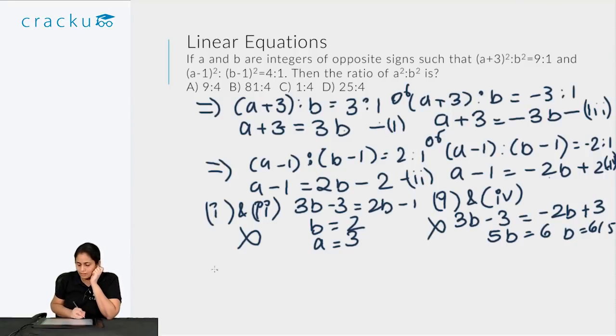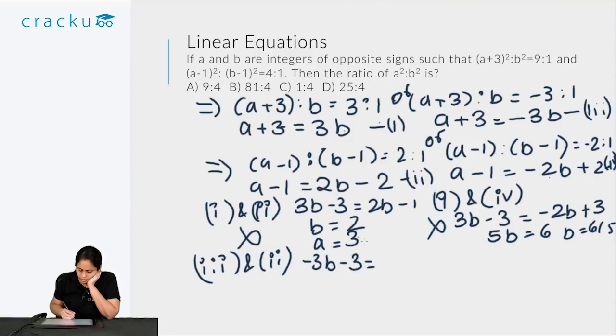Now let's consider 3 and 2. Now considering 3 and 2, a plus 3 is equal to minus 3b and a minus 1 is equal to 2b minus 2. Now if I solve this, I get minus 3b minus 3 is equal to 2b minus 1.